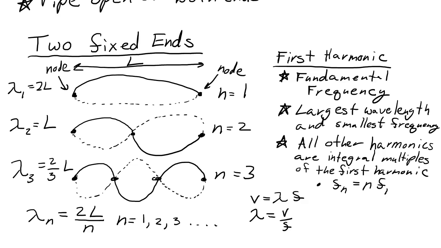So for the first harmonic, we see that wavelength is equal to 2 times L, 2 times the length of our string. So this would mean that the speed of the wave divided by the frequency is equal to 2 times the length of the string also, which would mean that our fundamental frequency is going to be equal to our wave speed divided by 2L. And you could do this for all the other harmonics.